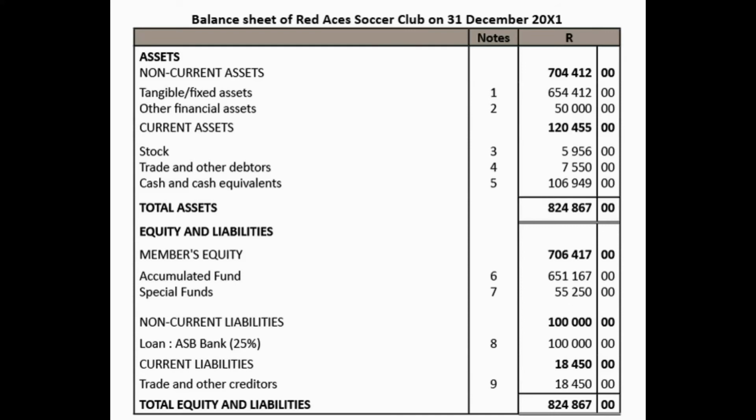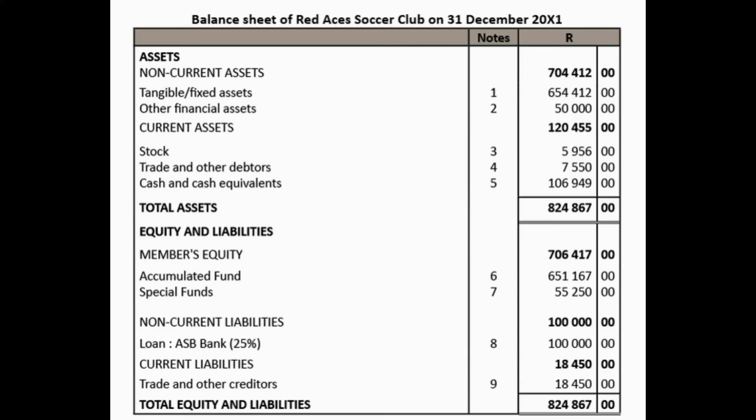Okay, so let's look at the balance sheet. We start with assets. Assets are divided into non-current and current assets. We start with non-current assets. That is actually our fixed or tangible assets. The total from the notes is 654,412. The other financial assets, that was that investment of 50,000. We get a total of 704,412 for non-current assets.